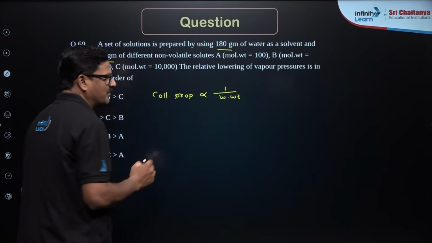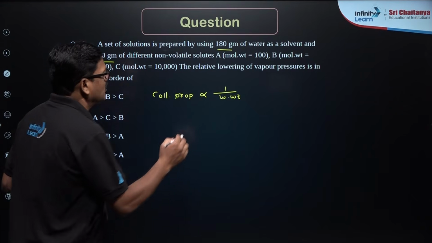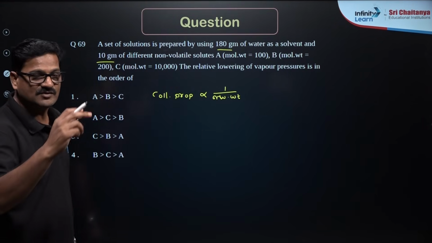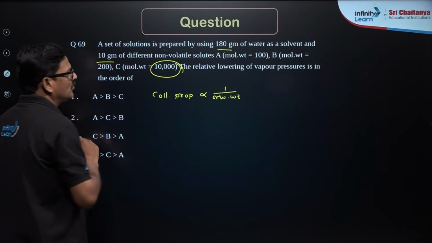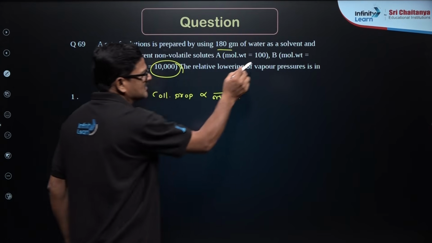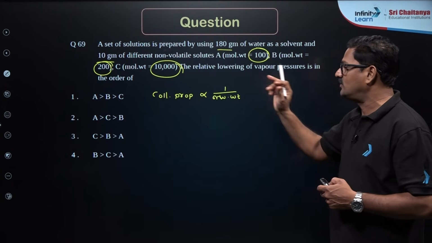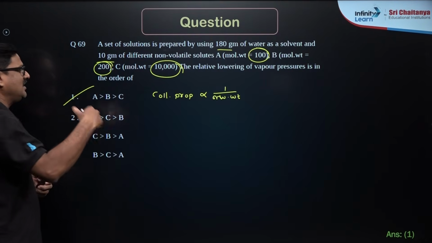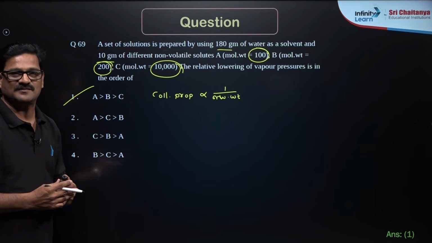Relative lowering of vapor pressure itself is a colligative property, and if molecular weight increases, the colligative property value decreases. So 10,000 has the lowest RLVP, then 200, and the highest among all is going to be A. So the answer for this question is going to be C, B and A. Option 1 is the correct answer for this.